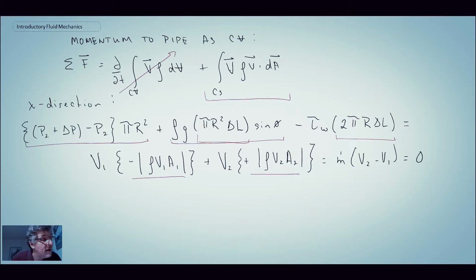So that term disappears, and essentially what we have is a balance between pressure, including the body force, and viscous shear. And what we're now going to do is make another substitution and then try to simplify this a little.